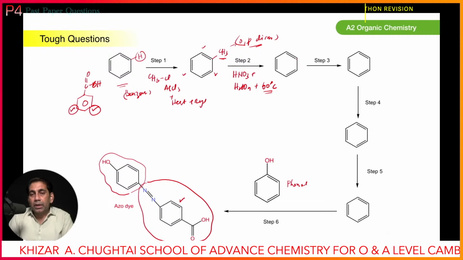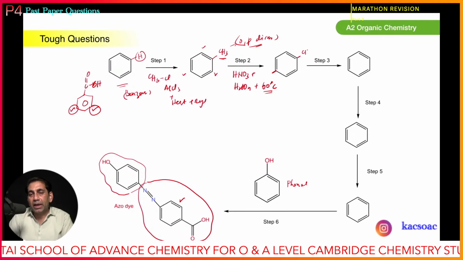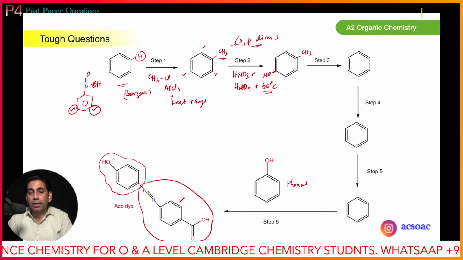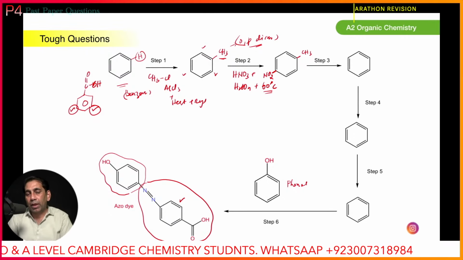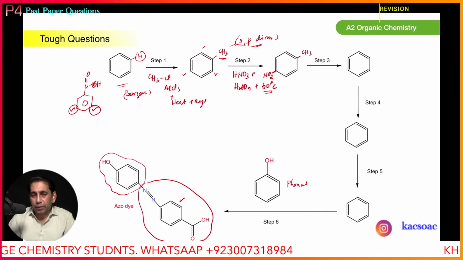Then there will be nitration on this position. Here is the methyl group that is already present on the benzene ring, and here there will be the introduction of a nitro group. So this is the basic first expected sequence.